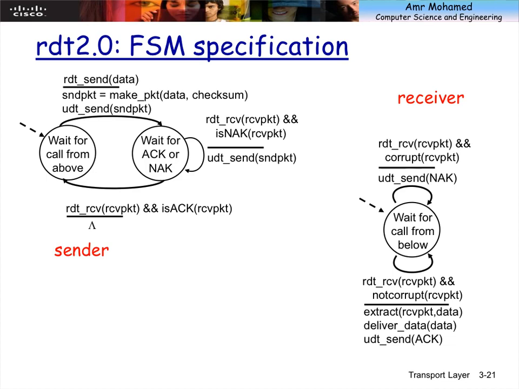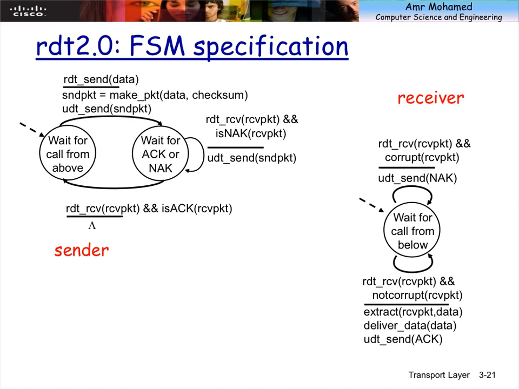remember, again, I can do this in two states or one state. Here it's done using one state. So wait for call from below. When I receive a packet from below, I need to check first if there is any error with this packet or not.